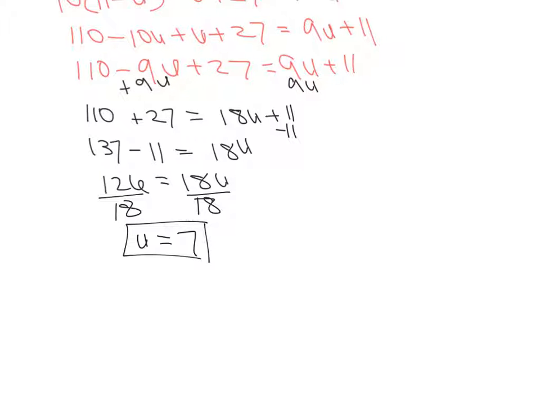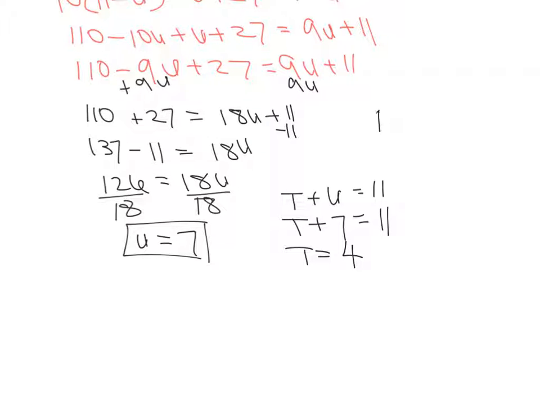Now, one of the things it said is the sum of the two digits is 11. So if my units digit is 7, then my t, oh, that's where my 11 went. I just didn't write it. That means my t then has to be a 4.